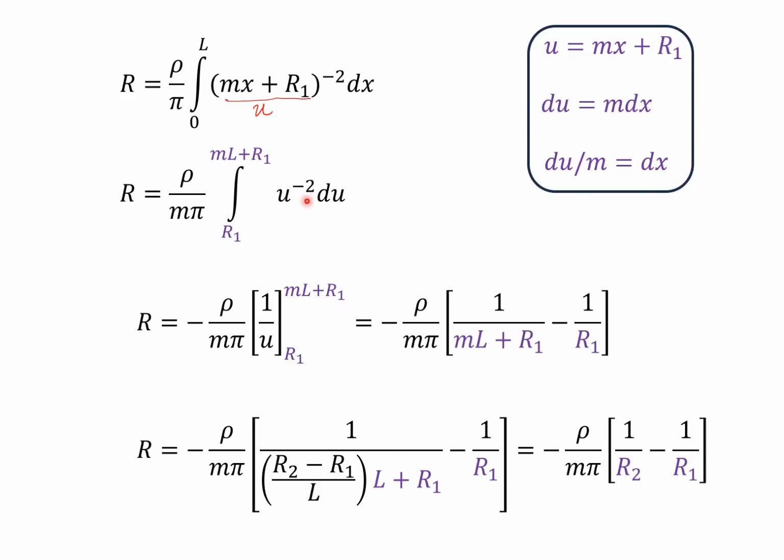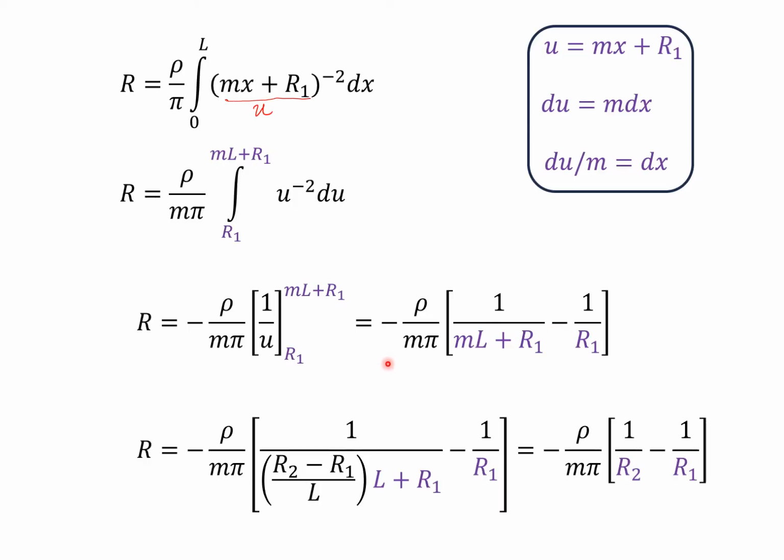Now, if you integrate it, you will get, of course, minus 1 over u. So the limit is between r1 and mL + r1. Now first you apply the upper limit. So this will become 1 over (mL + r1) minus the lower limit, 1 over r1.